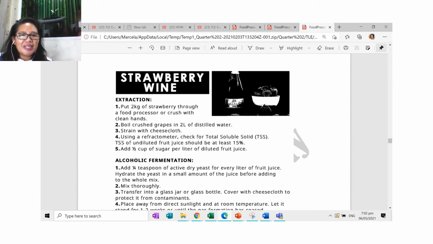And this one is, we are going to have our strawberry wine. Extraction. To extract your wine, strawberry wine, you're going to put 2 kilos of strawberries through a food processor or crush them by clean hand.